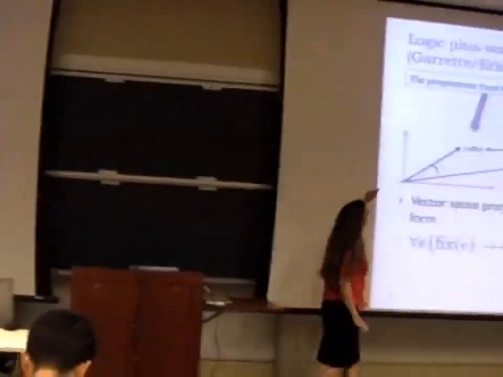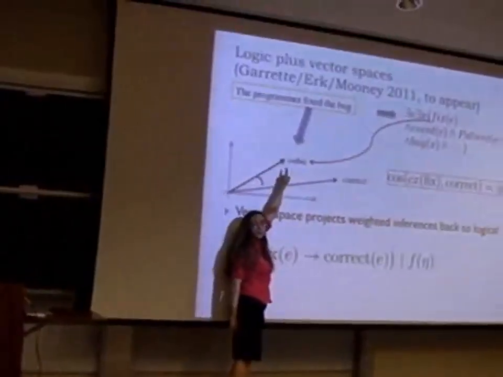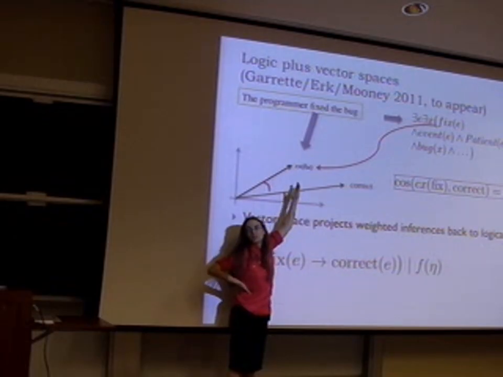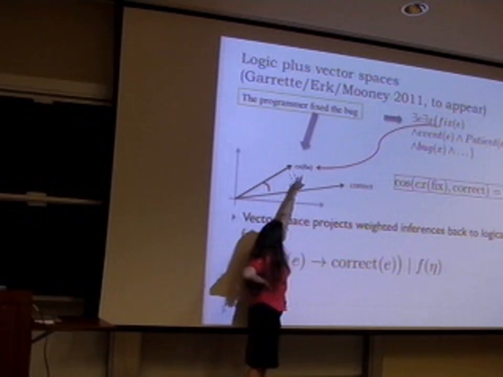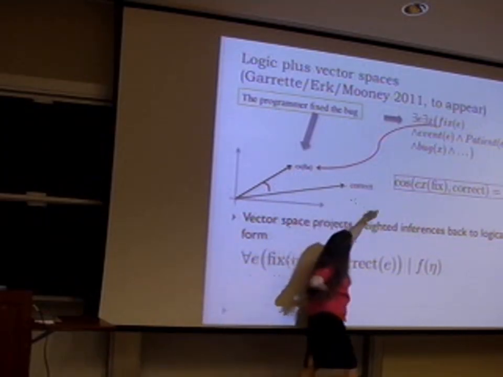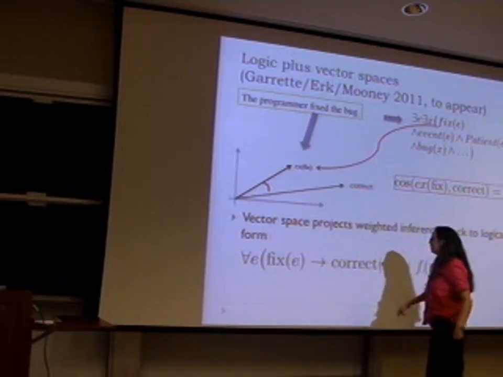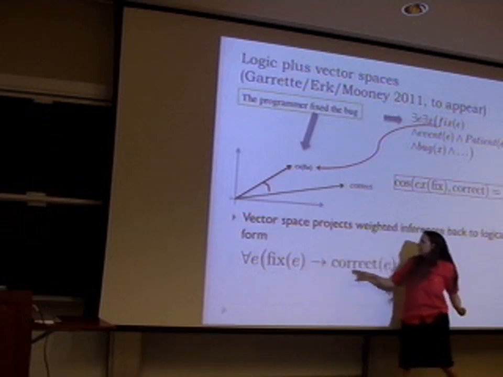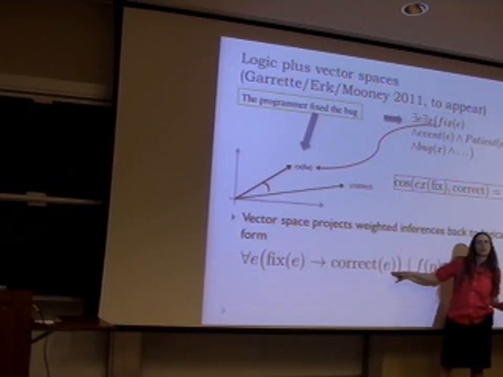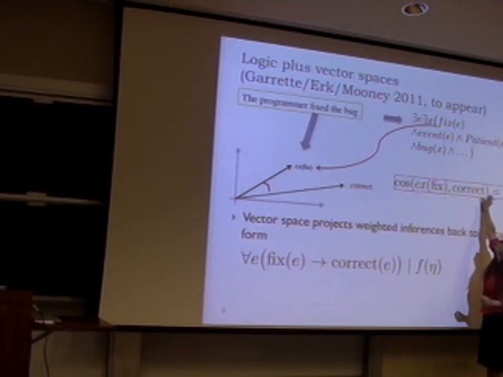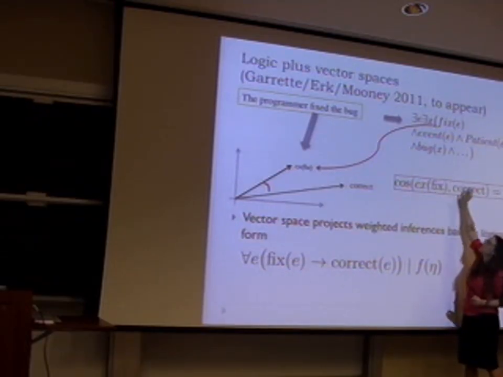And once we have this contextualized vector for fix, then we can use vector space to do inferences. That's how you can describe what vector spaces are good at. If this contextualized vector for fix is similar to, or is close to, the vector for correct, with some cosine, then we can project a rule that says all fixing events are correcting events, with some weight that depends on the cosine or the similarity between fix and correct.